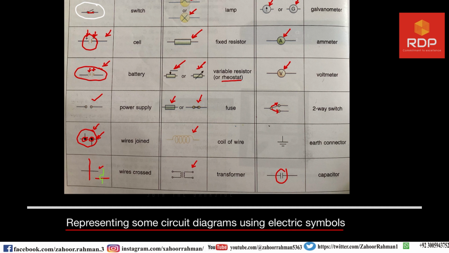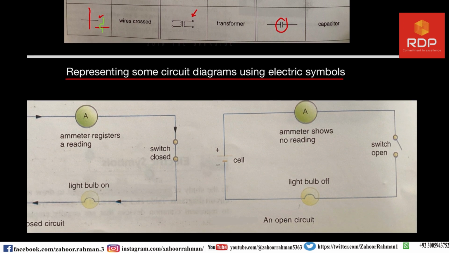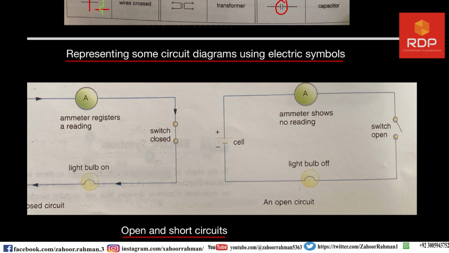That is called electric circuits on a piece of paper. So in those diagrams we will utilize these symbols. So let's see how we can represent some circuit diagrams using electrical symbols.